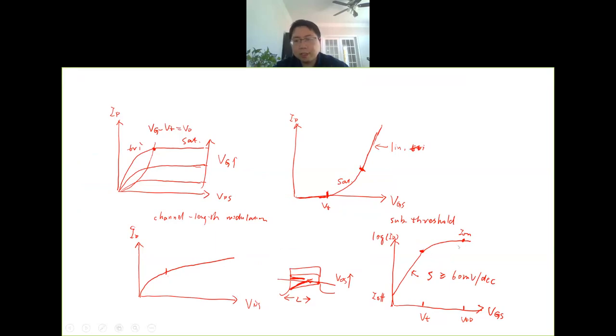If your transistor design has the threshold voltage fixed, then if you change the slope, you will have different I off points. For example, this one will be S equals 70 millivolts per decade. The smaller this number, the steeper the slope, because as you just mentioned, the slope actually is 1 over S.